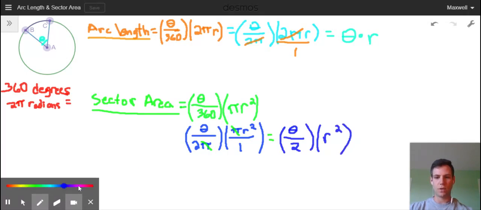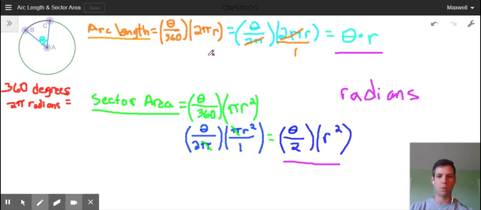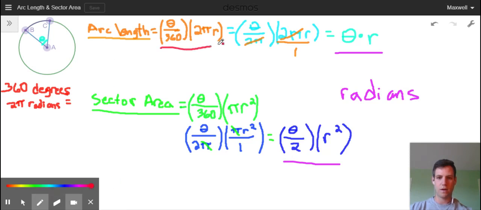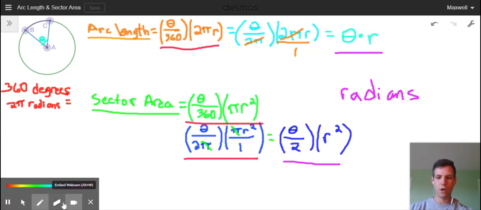So if we want to put a label on these, this formula up here and this formula up here are the radians version. And the formulas we started with right here and right here are going to be the degree versions of those same formulas.